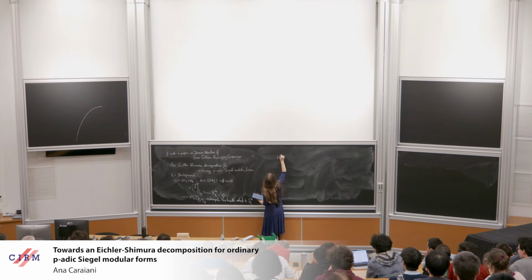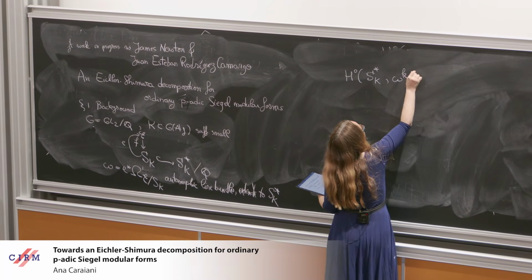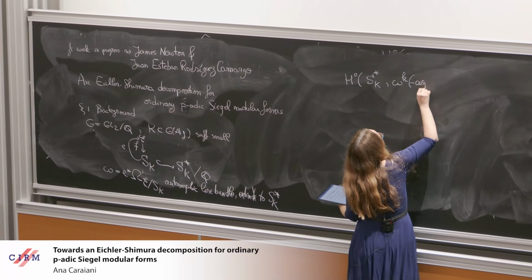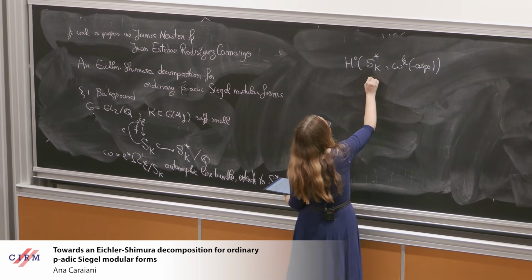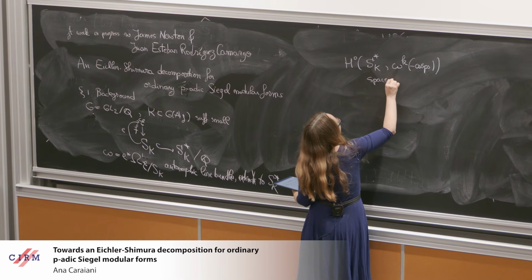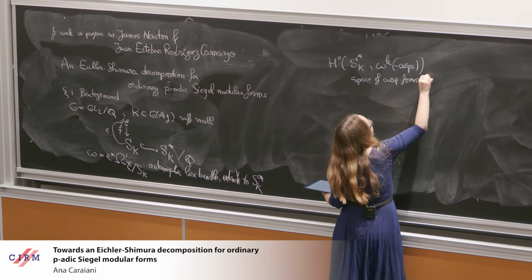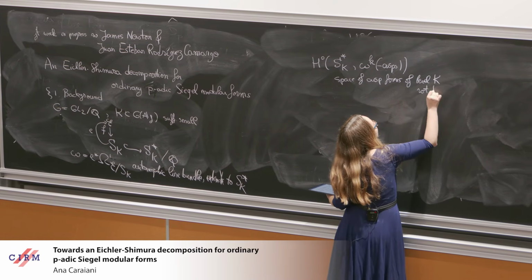So if I look at H0 over S_K star, and I look at sections for, say, k at least 1, with zeros at the cusps, this is the space of cusp forms of level big K and weight little k.